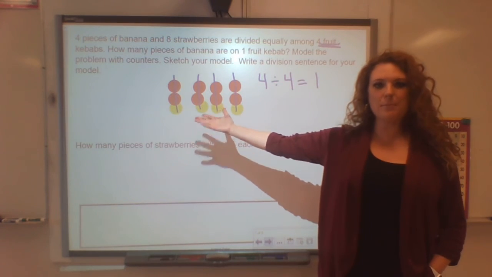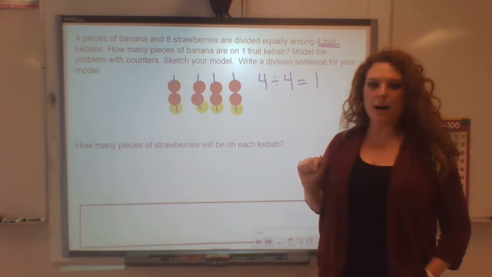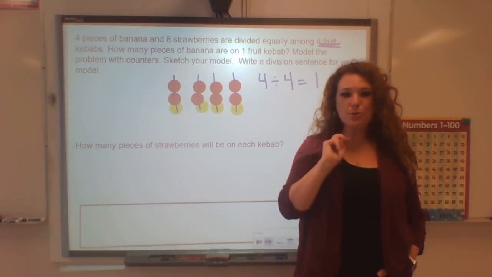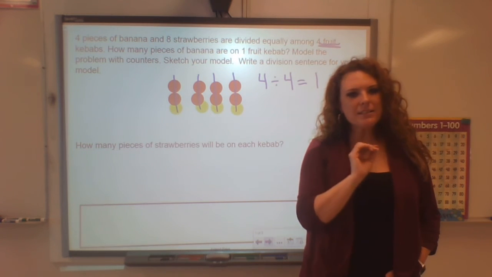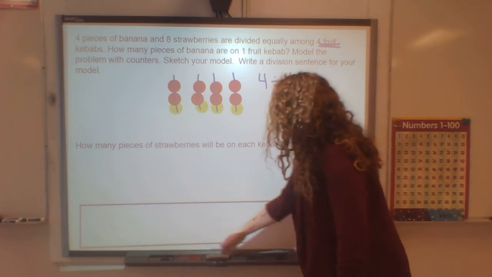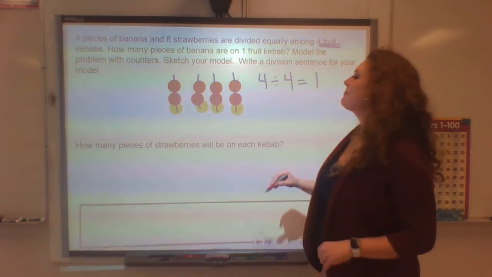I have 4 kebabs. I want to know how many pieces of strawberry will be on each kebab. And I can see, I can count. They're equal amounts. I have 2 strawberries on each kebab. Perfect. So what does my division sentence, or my sharing equally sentence, look like? I'm going to do it in red just below because my strawberries are red.